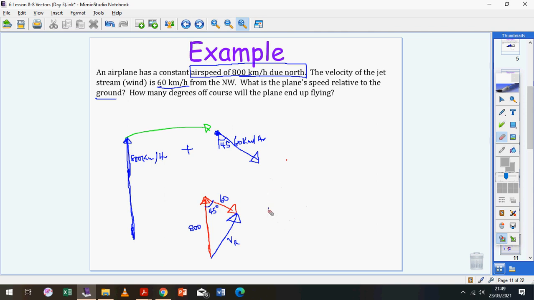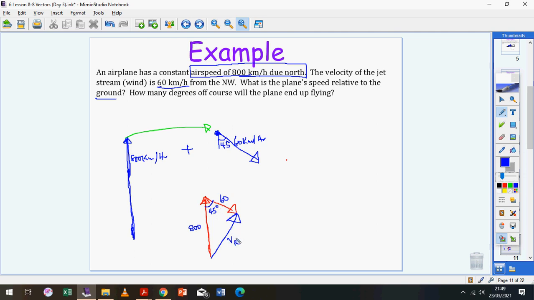Now, there are so many ways I can do this. Technically two ways. One is, this is a side angle side triangle, so I can just straight away use the cosine law because this is the only side that's unknown. The other two sides are known, and I have an included angle.